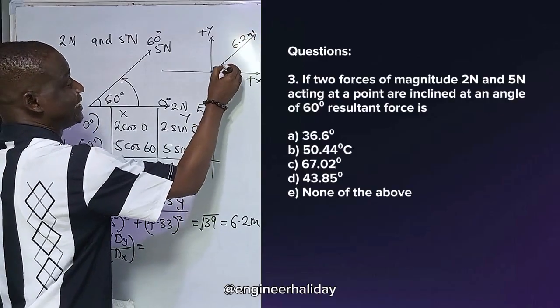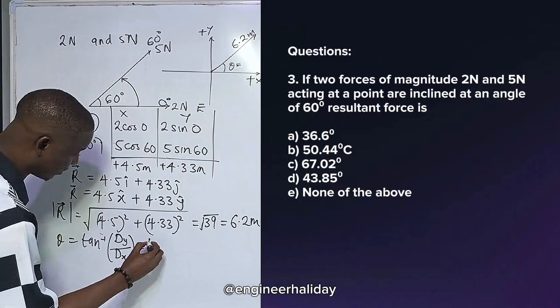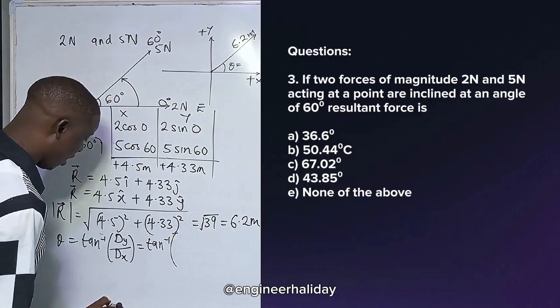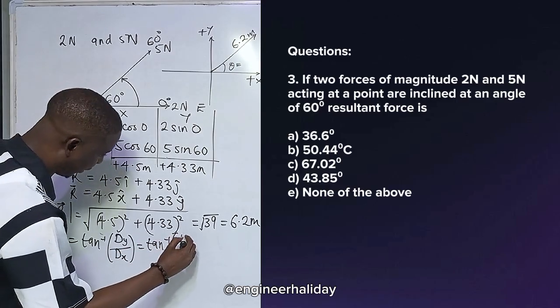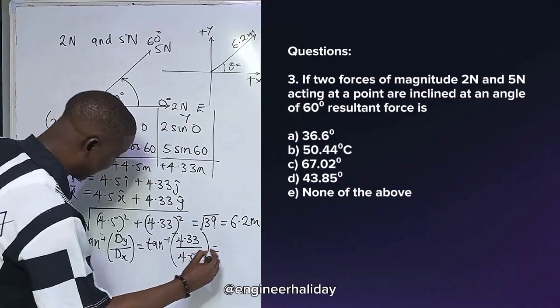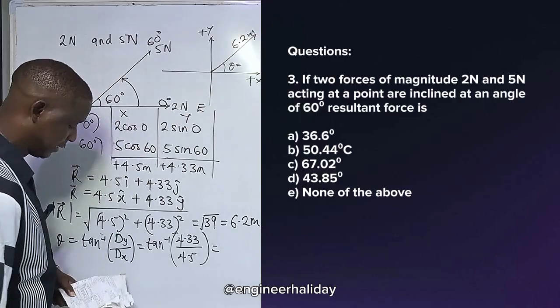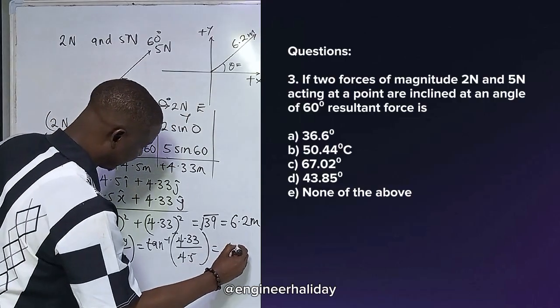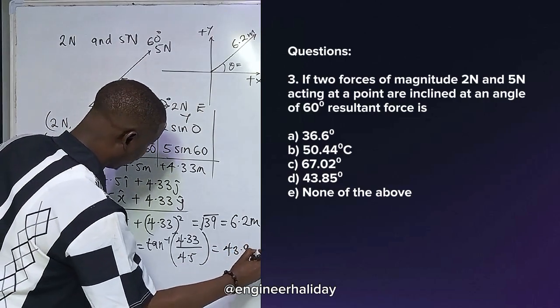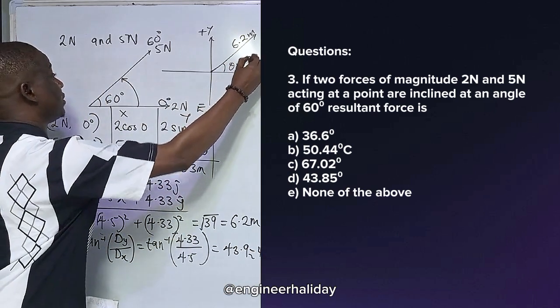The direction is tan inverse of 4.33 over 4.5. What do we get as our answer there? 43.9, approximately 44 degrees.